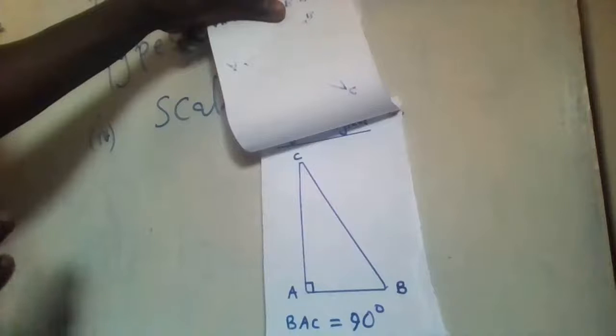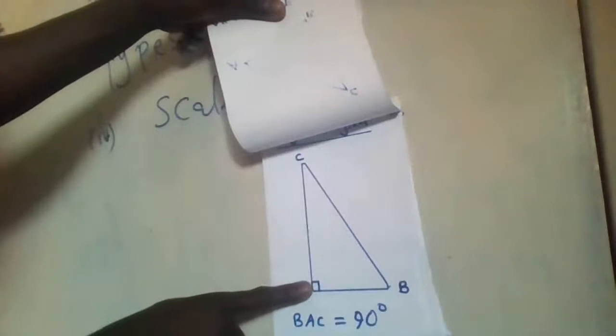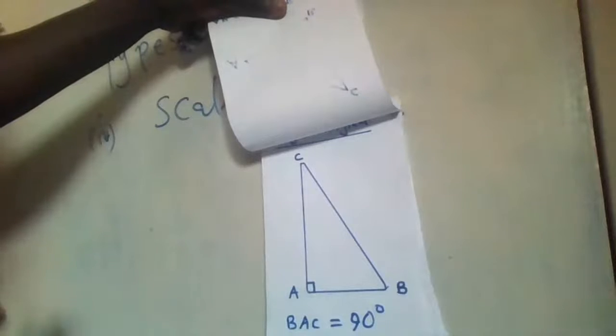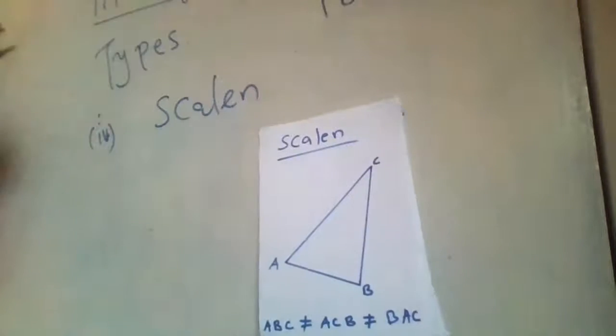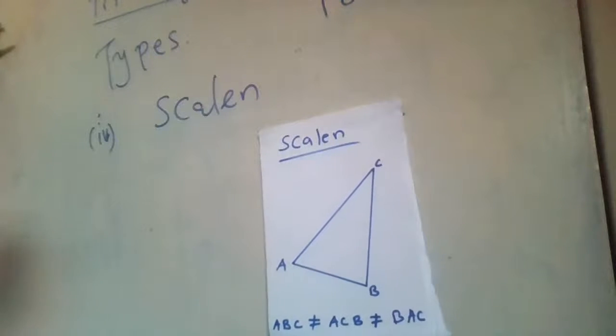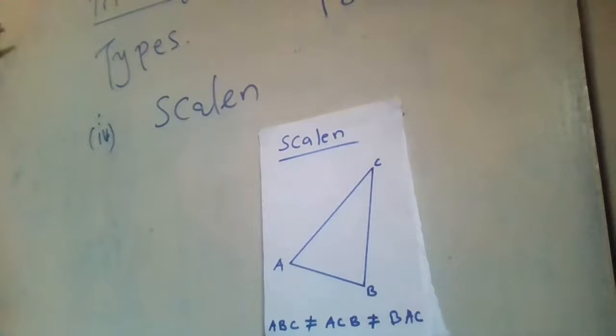But take note that the 90 degrees may be here, maybe there. It doesn't really matter where the 90 degrees gets to be. Fourth and the last one, but not the least, is a scalene where all the sides are different and all the interior angles are different, and none of these interior angles is equal to 90 degrees.